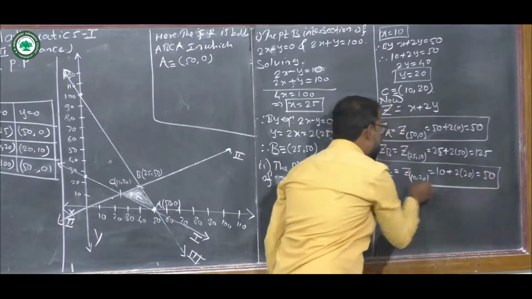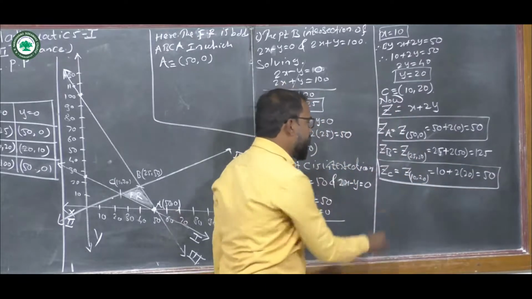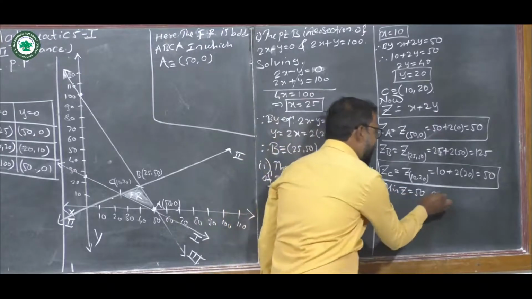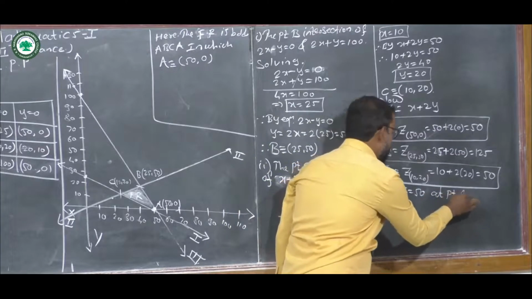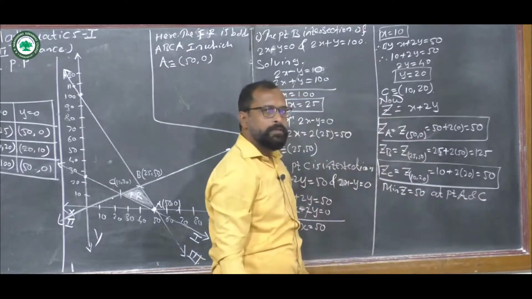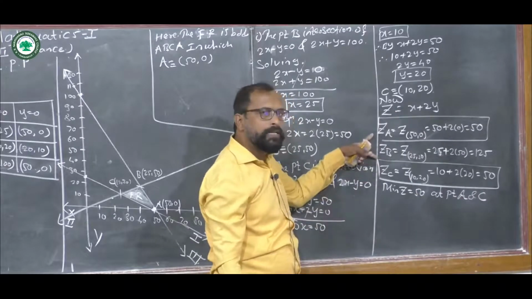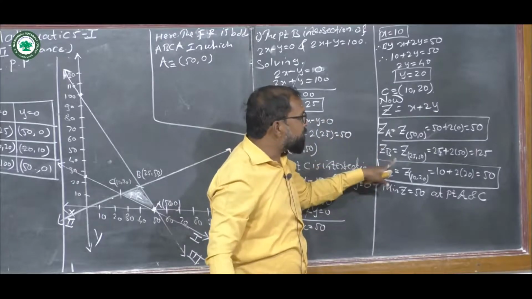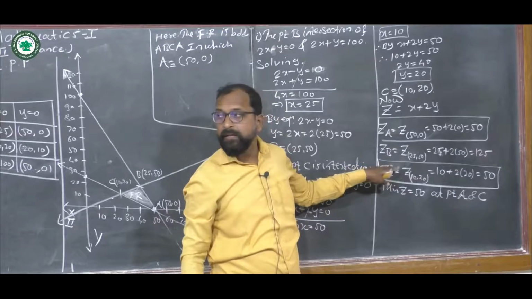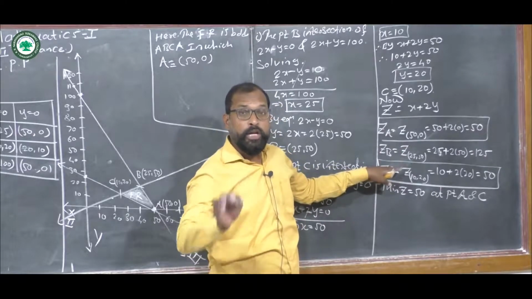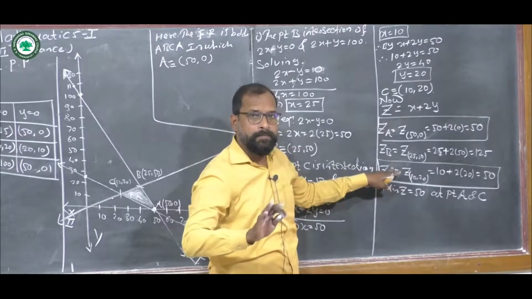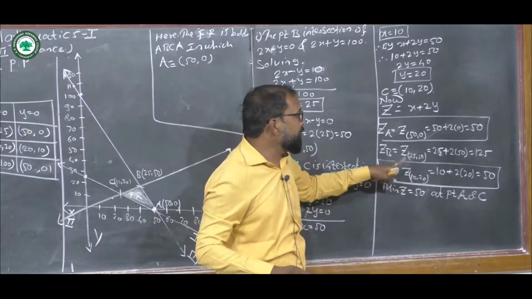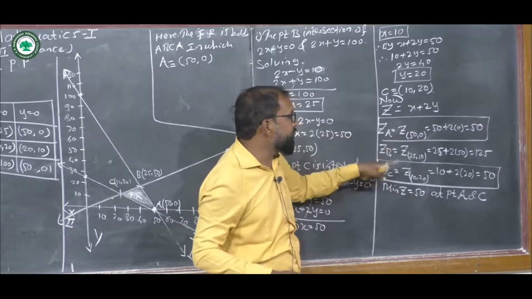Z equals to 50 at points A and C. Since the minimum value of z arises at 2 points, we say that this LPP has infinitely many solutions along the line segment joining these 2 points.